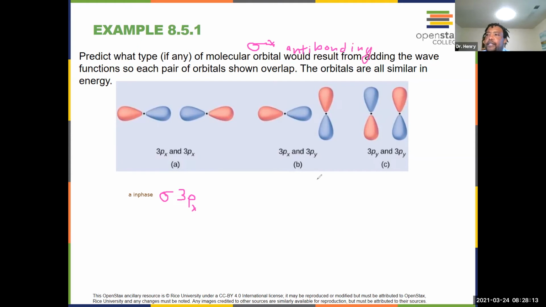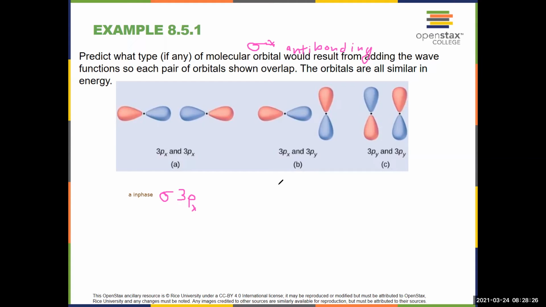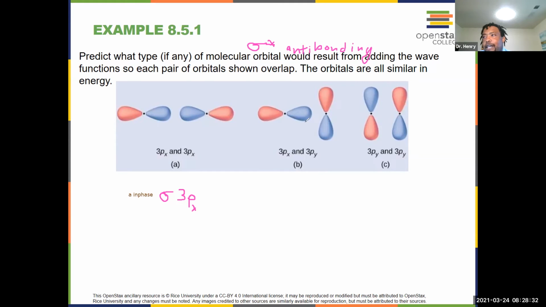Okay, what about this guy? This is way out of phase, right? We have this guy and then this guy, and they're not even overlapping correctly. So ultimately, these guys are going to cancel each other out. The only way that anything could happen is if these guys realigned.